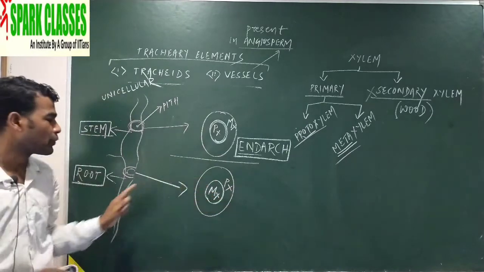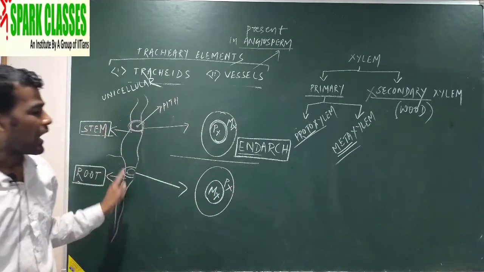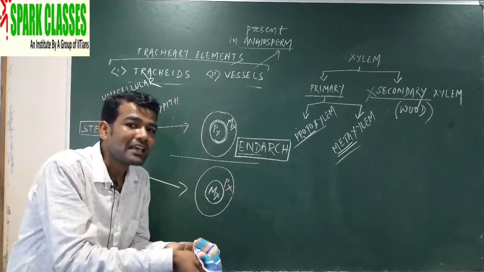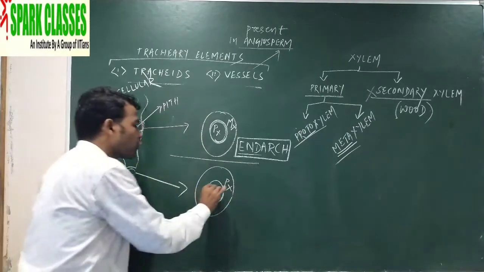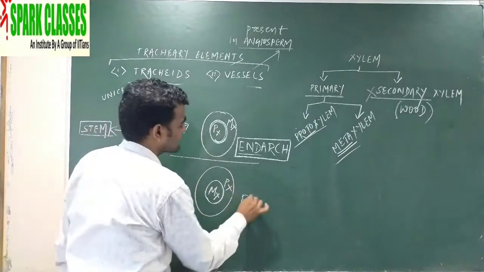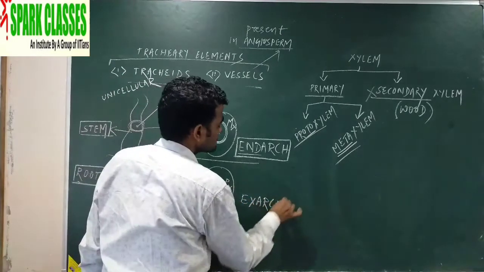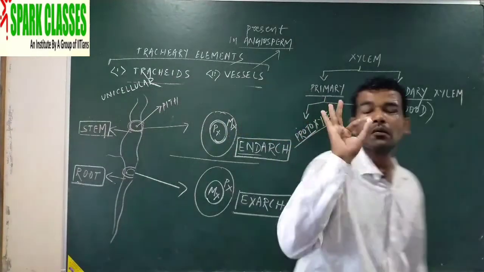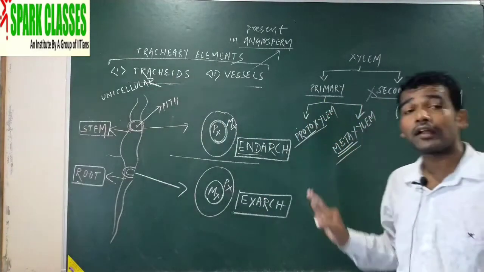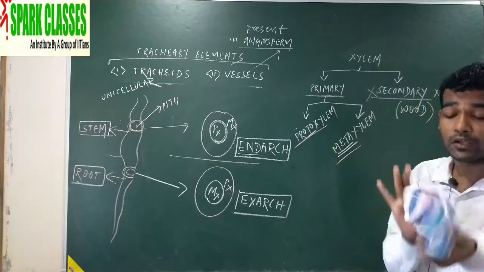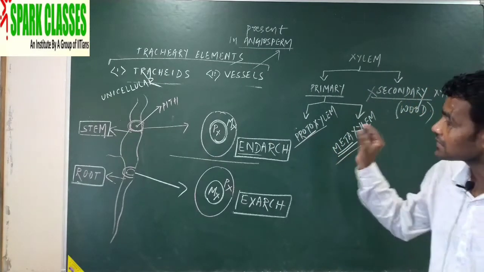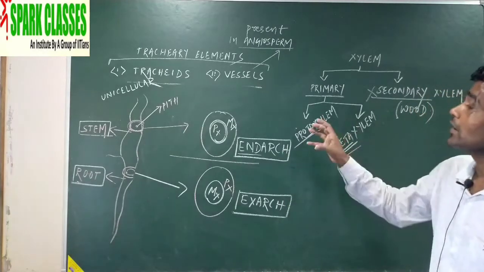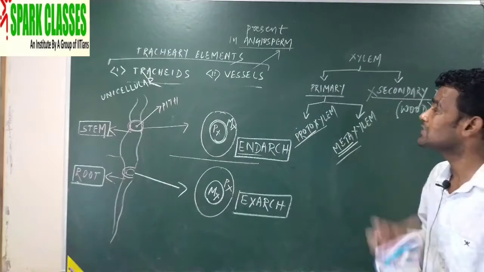Similarly, what will the condition be in case of root? In case of root, protoxylem is outside. Outside means exo, like exosmosis. As protoxylem is outside, it is called exarch. You have to remember these two conditions. Here you cannot just remember, you have to visualize the concept.